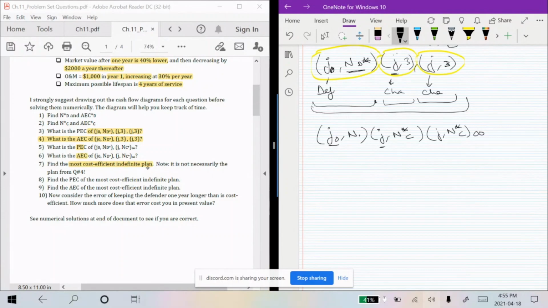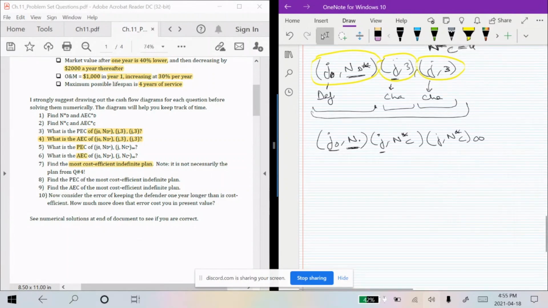What we need to do is find how many years we are going to use this defender. To do that, we need to perform marginal cost analysis. What that means is that we need to find how much extra it would cost us to keep the defender 1 year more than the estimated service life. The estimated service life for the defender was 2 years.